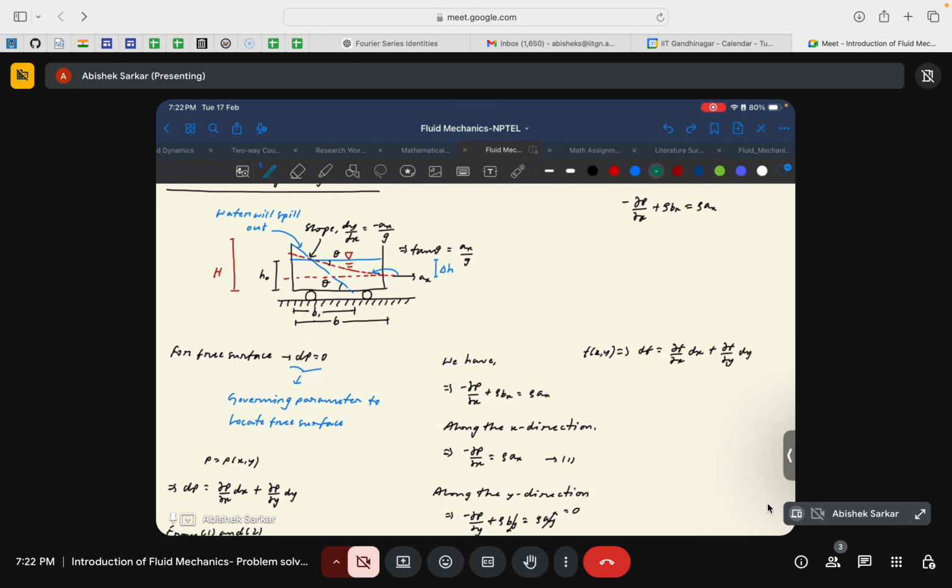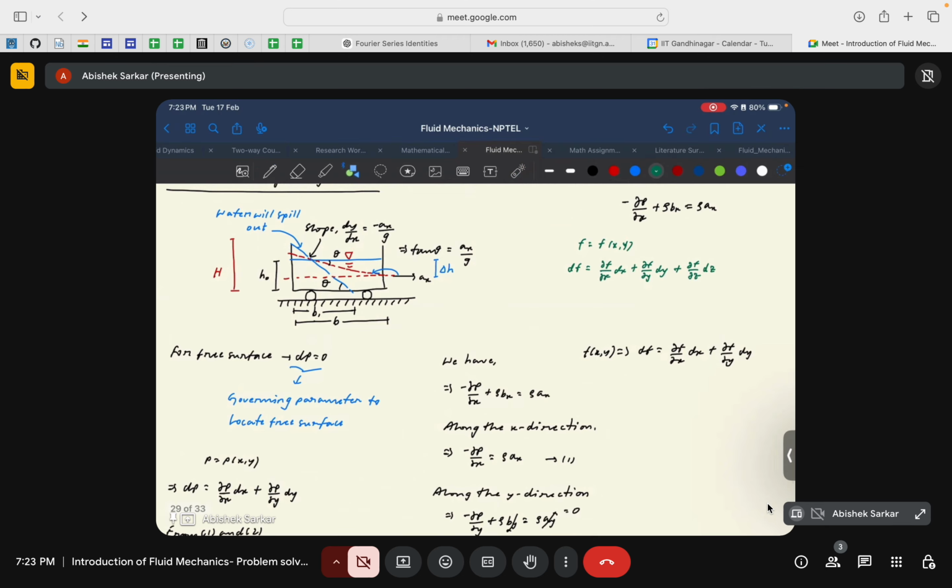If a function f is a function of x and y, then the complete derivative of f, that is df, can be represented as dou f by dou x times dx plus dou f by dou y dy. This is how you represent the complete derivative in terms of partial derivatives. And if it is also a function of z, then again you can write dou f by dou z dz.